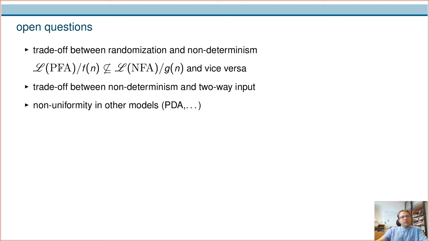And of course what would be very interesting is to transfer these results to two-way machines, because the original idea of non-uniform space complexity uses two-way automata, and for two-way automata also the determinism can recognize all languages with enough advice.